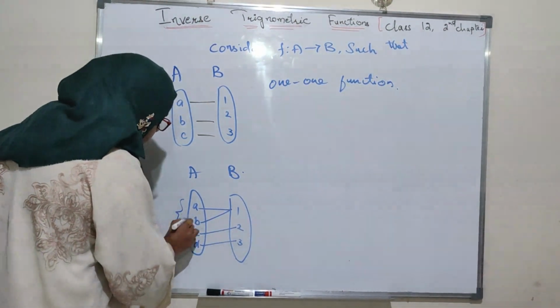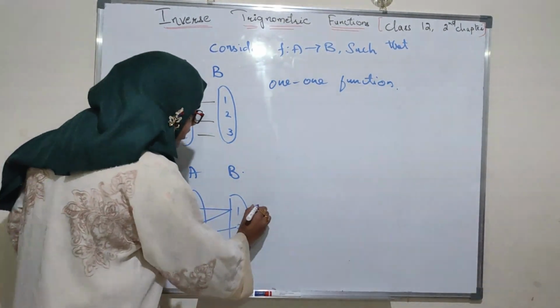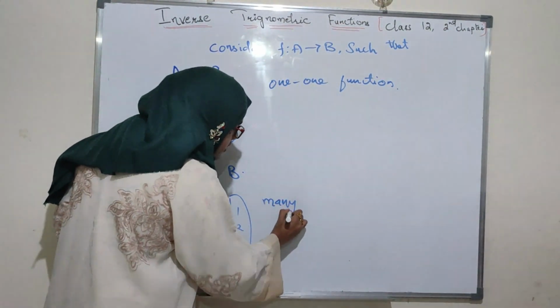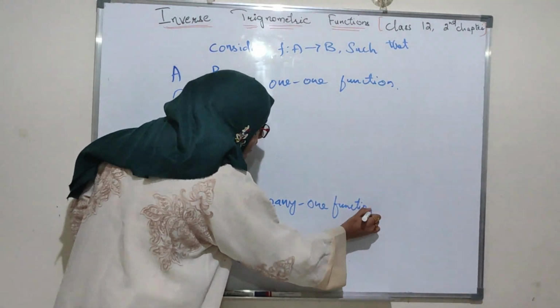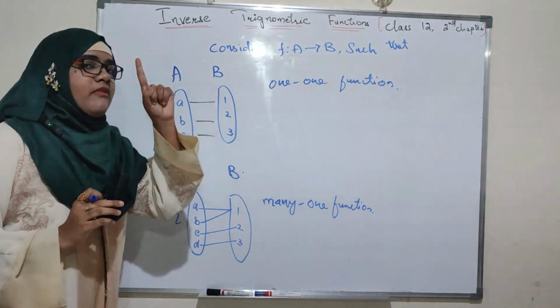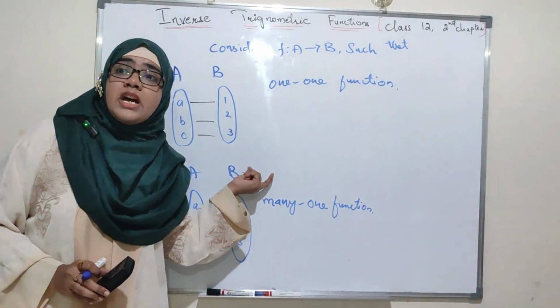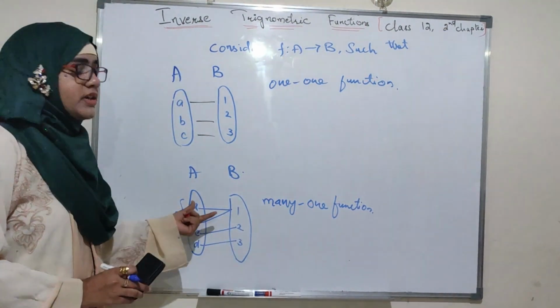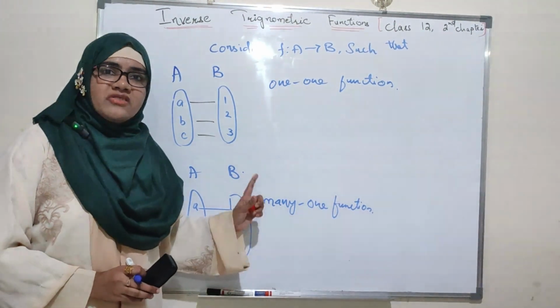So we can't say this is a one-one function, it is a many-one function. A one-one function means every element of set A has one and only one image in set B. Otherwise, it is a many-one function where different elements have the same image in set B.